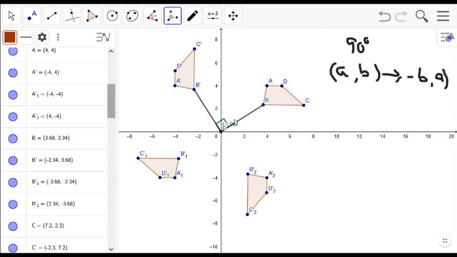For 270 degrees, you are realizing that this becomes image 2. Image 2, if it was A, B, object 3.68, 2.34, it becomes 2.34 positive and negative. So it means what?